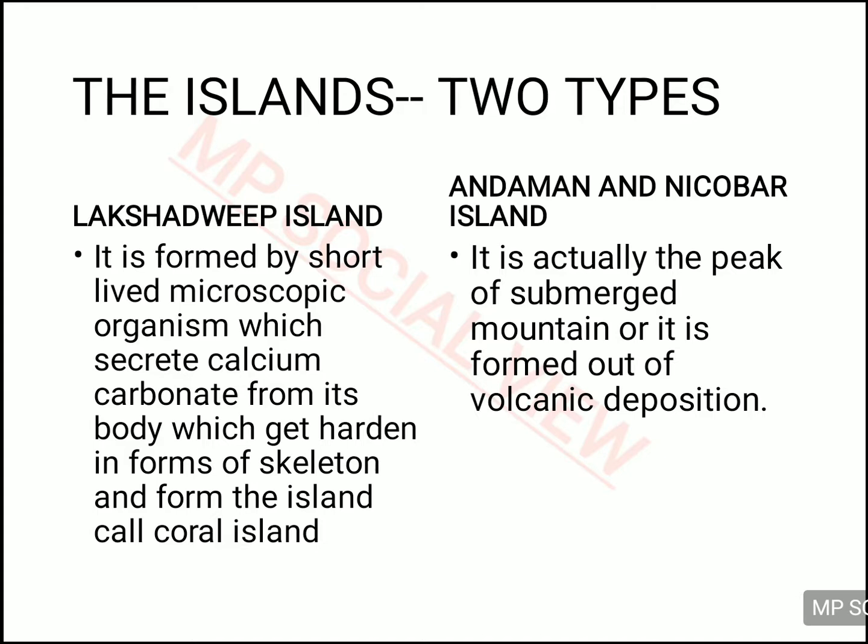So when all these microscopic animals are secreting calcium carbonate and it is turning into skeleton, the coral combines together in the ocean, and they form an island. Lakshadweep is such an island, made out of coral formed by the microscopic animals. And the Andaman and Nicobar islands, how are they formed?